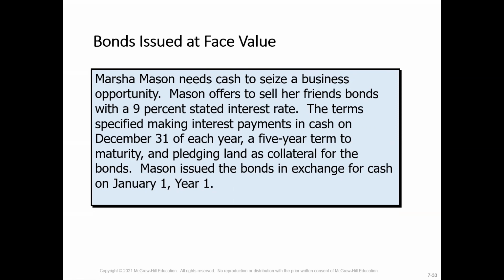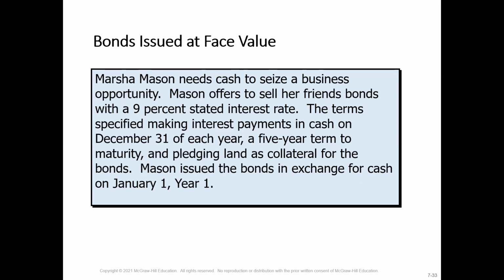So we've got an investor, we've got Marcia Mason. She's an entrepreneur. She needs to seize a business opportunity. The bank's laughing at her, basically. You don't have any assets. You don't have anything. We're just gambling right now, and we don't want to gamble. So she offers this opportunity to her friends. Hey, invest.